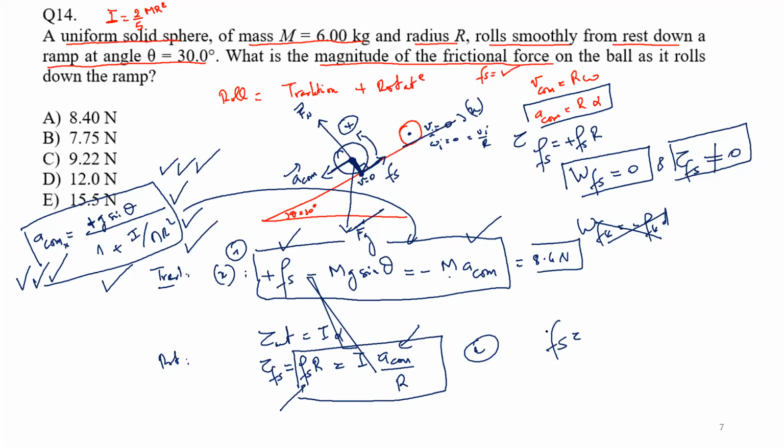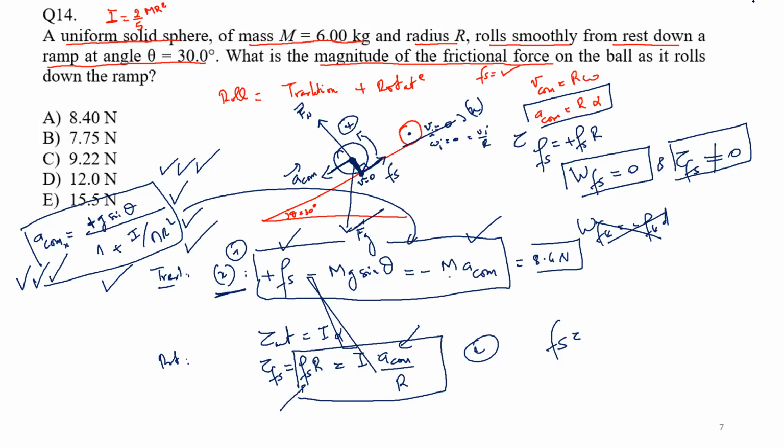You have a system of two equations, two unknowns. So if you want to get the acceleration of center of mass, you have to combine Newton's second law for translational motion and Newton's second law for rotational motion. Okay, good. Is it clear or not?